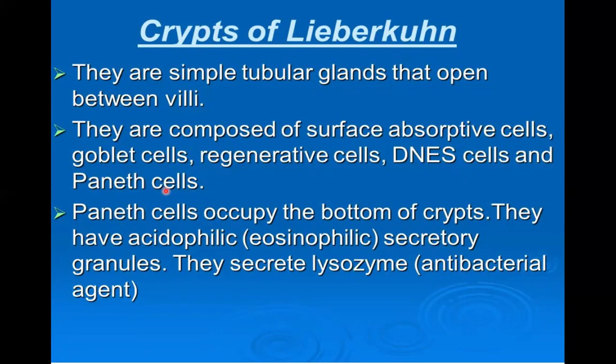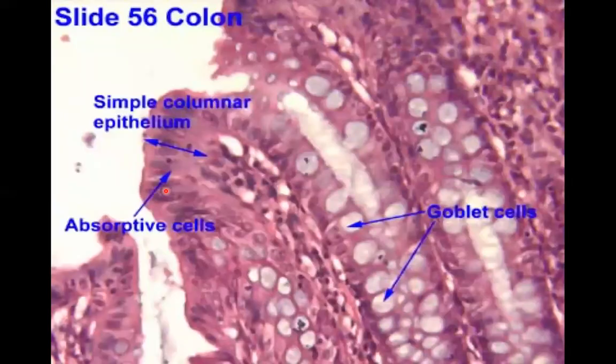The Paneth cell هي the main characteristic cell feature of the small intestine responsible for secretion of lysozymes، يعني فد إنزيمات خاصة for lysozyme كantibacterial agent. فصار عندنا 5 types of cells as present in this slide. Okay, this is the slide.